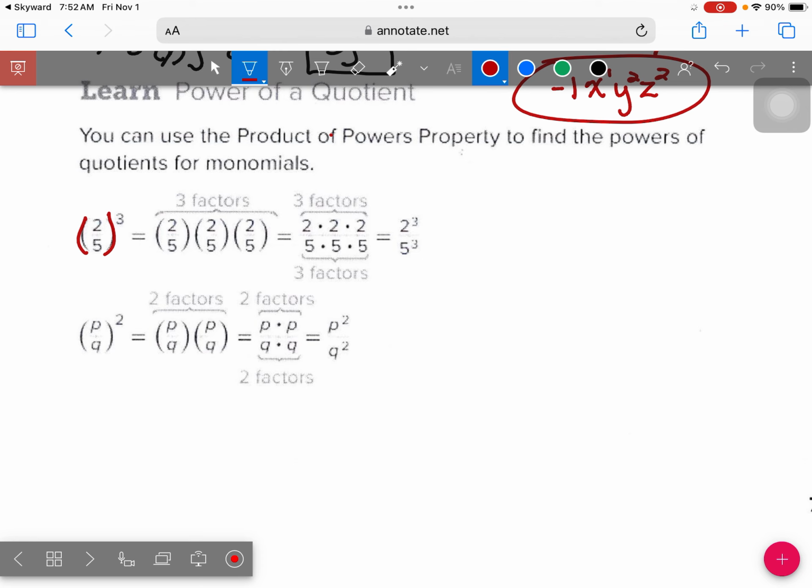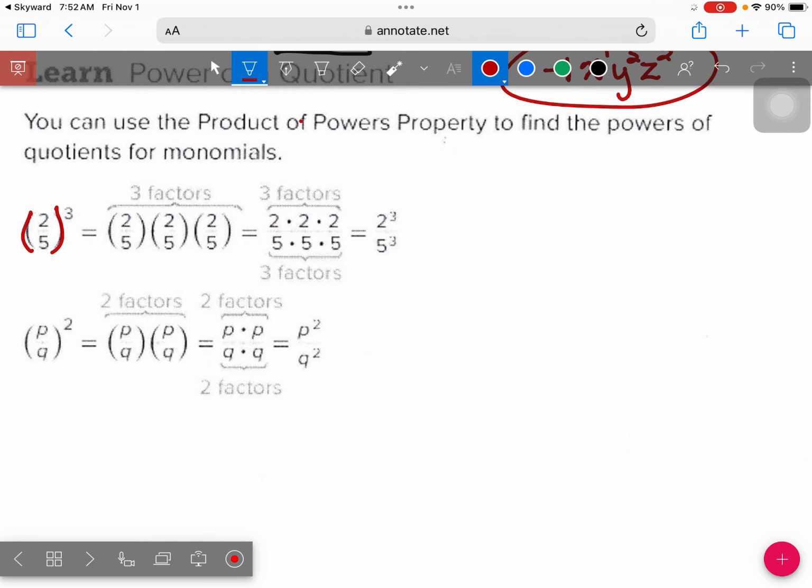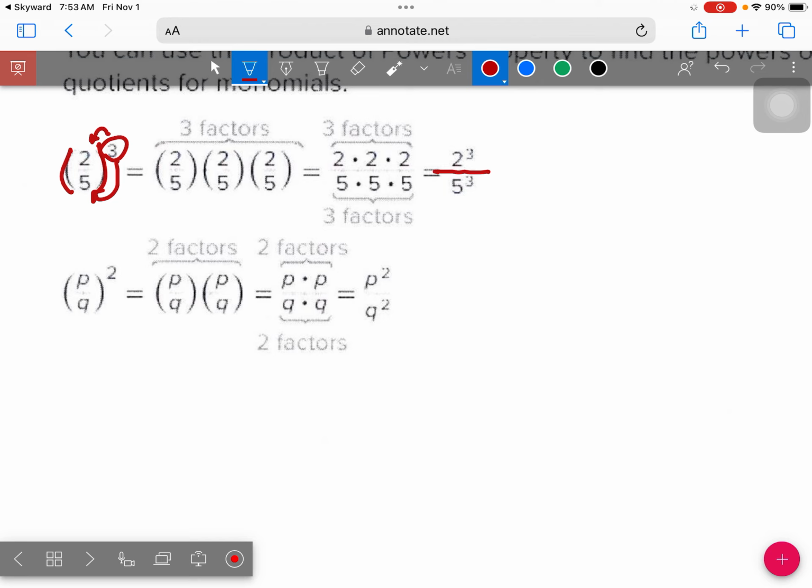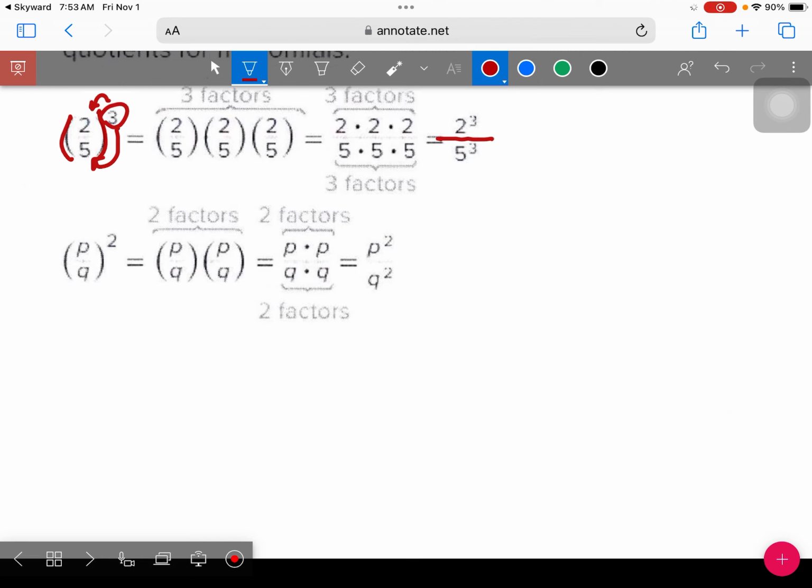It means 2/5 times 2/5 times 2/5. And if you break it down, that's 2 times 2 times 2, which is 2 to the third, divided by 5 times 5 times 5, which is 5 to the third. So this 3 goes with the top and the bottom. Okay? So it's 2 to the third divided by 5 to the third.